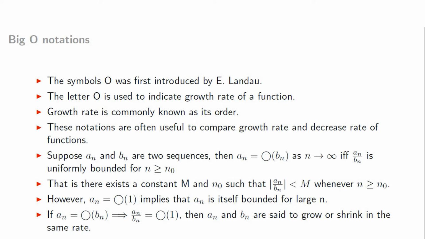However, an equal to big O of 1 implies that an is itself bounded for large n. Now, if an equals big O of bn, then the ratio an by bn is big O of 1, and then an and bn are said to grow or shrink at the same rate.